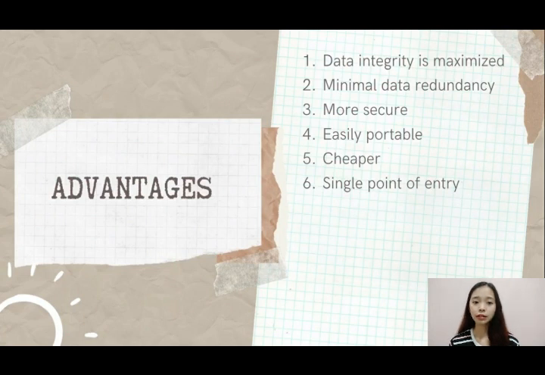Number three, since all the data is in one place, there can be stronger security measures around it. So the centralized database is much more secure. Number four, the data is easily portable because it is stored at the same place. Number five, the centralized database is cheaper than other types of databases as it requires less power and maintenance. Lastly, all the information in the centralized database can be easily accessed from the same location and at the same time.